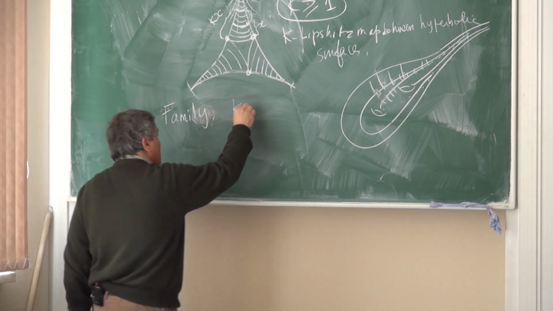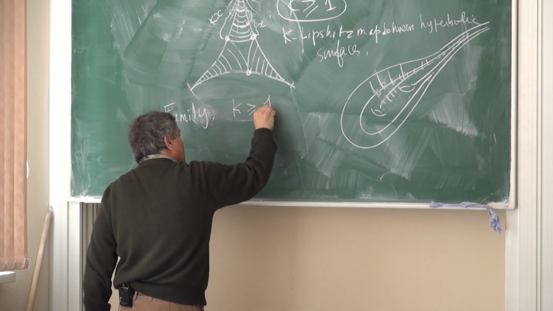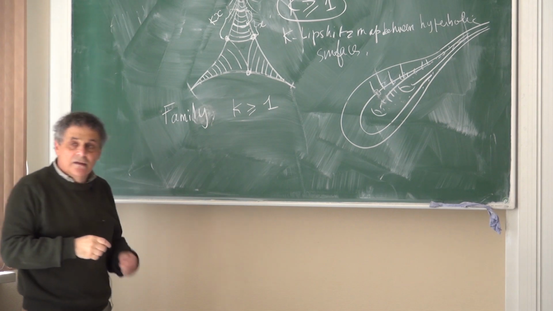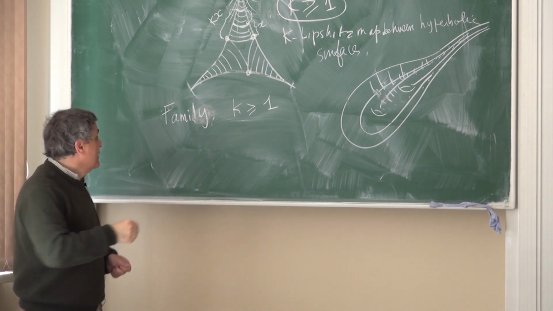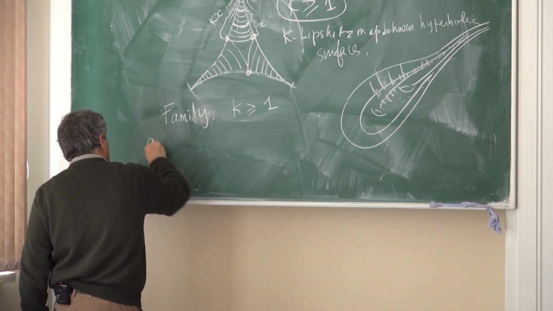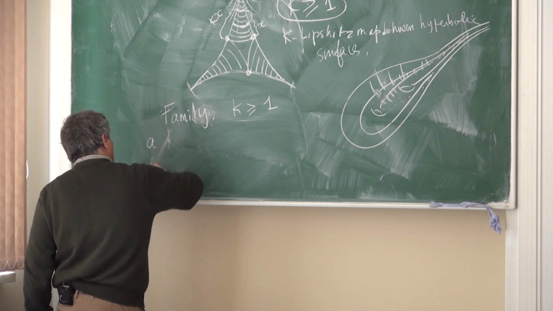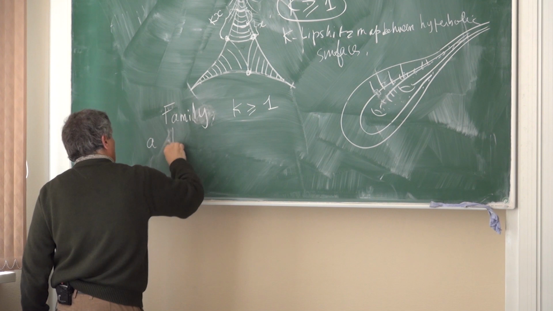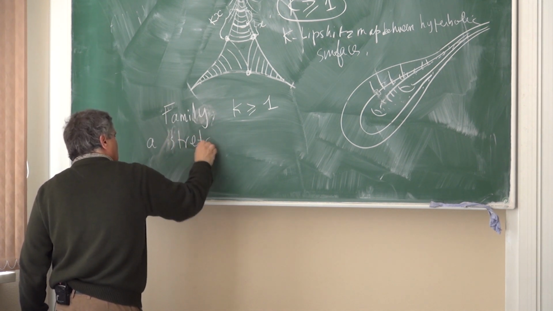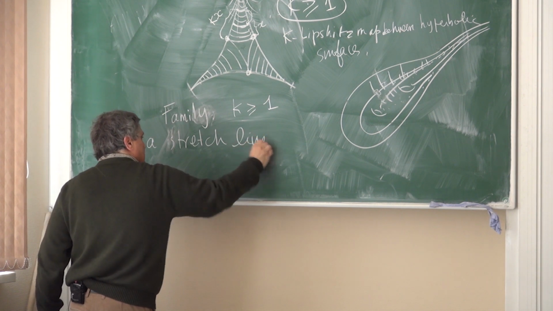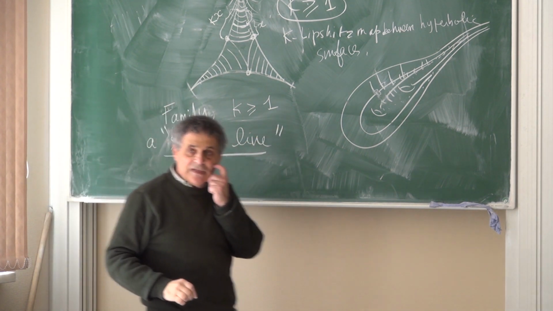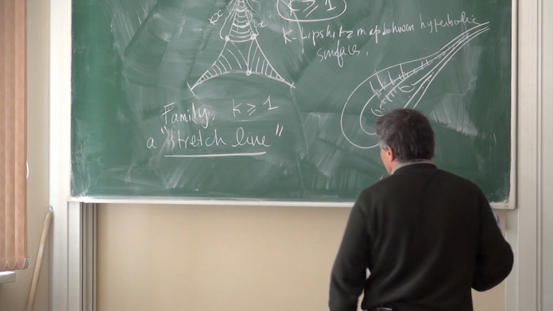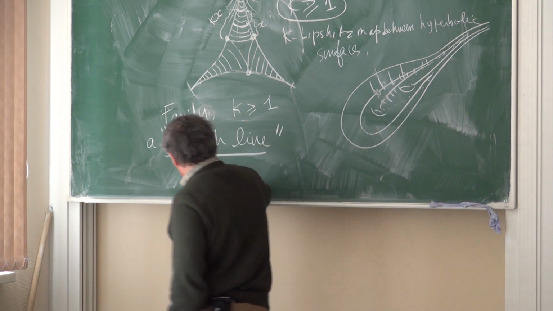There's a family by making K go from 1 to infinity, and this is what is called a stretch line.